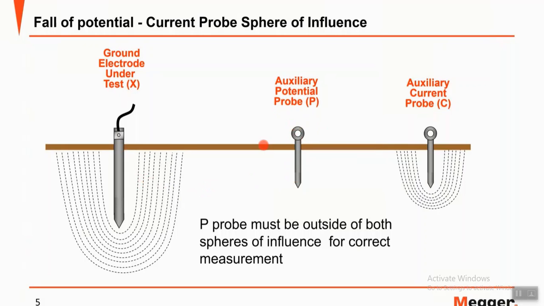We need to ensure the potential probe is far away from both influences or interference. Then if you put the potential probe like this, you will get the true measurement.